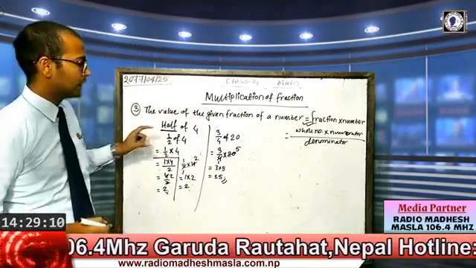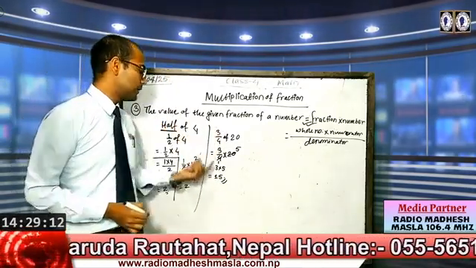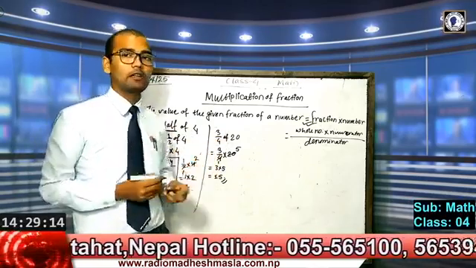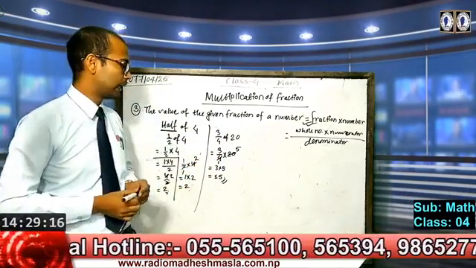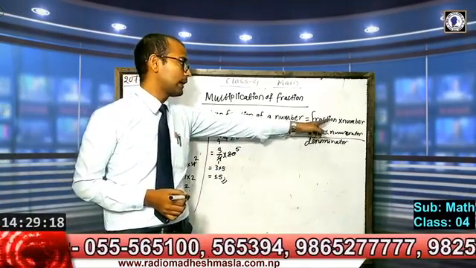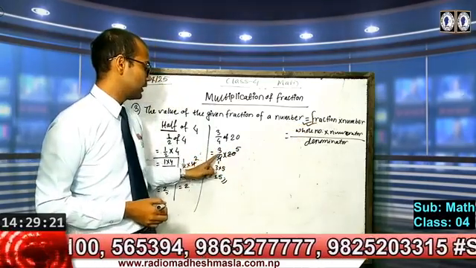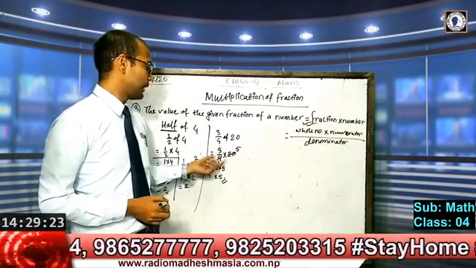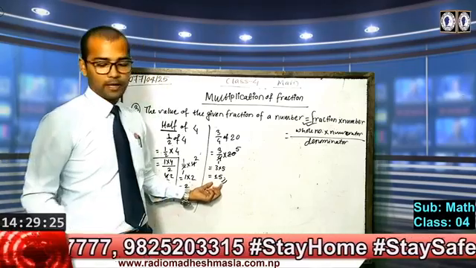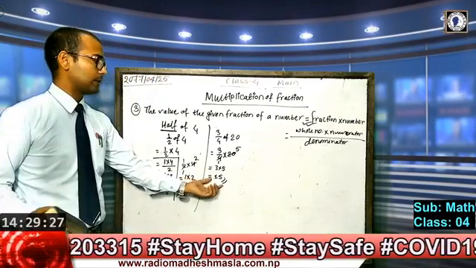Students, you can use this type of formula to find different multiplications of fractions. Here we use the formula fraction into number, and we got the answer 15.